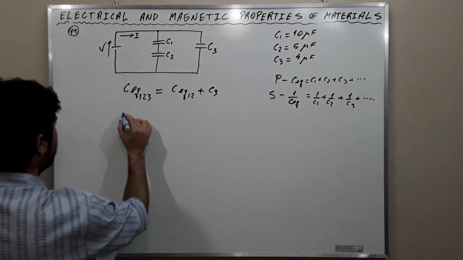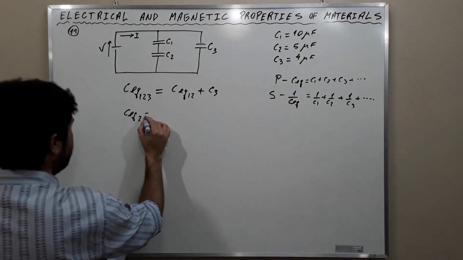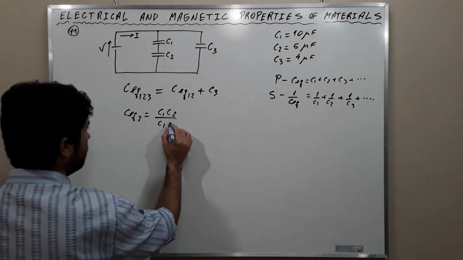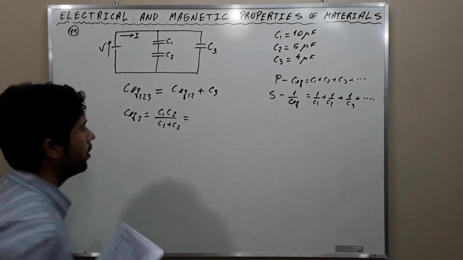So C equivalent 12 is going to be C1 C2 divided by C1 plus C2, okay?